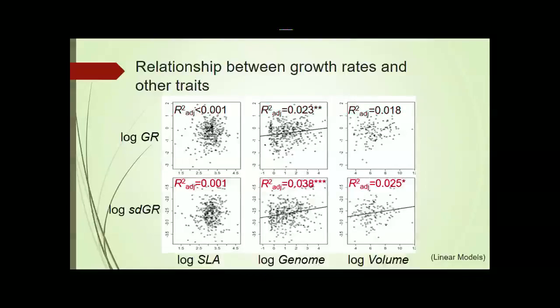What about standardized growth rate? We got a similar result. And we also found that plants with bigger volume of underground storage will grow relatively fast. It's understandable that there is no difference here, but there is an obvious relationship here because of the K.